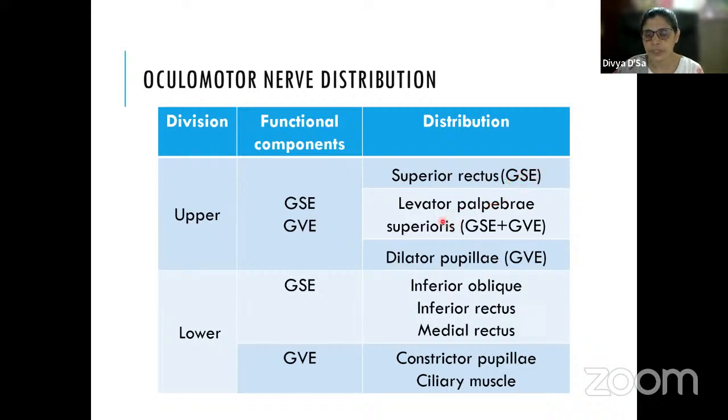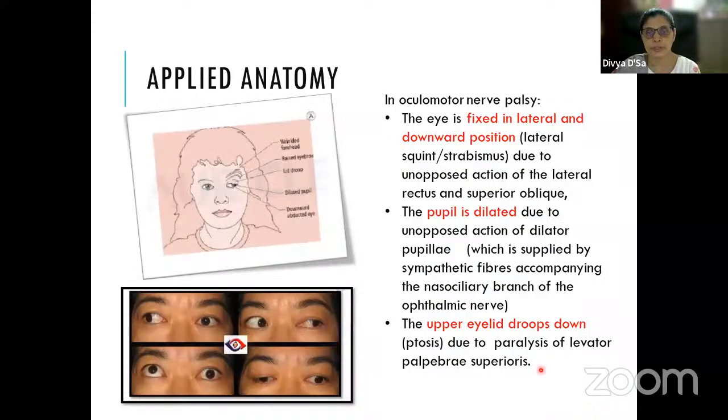Levator palpebrae superioris is supplied by both general somatic efferent and general visceral efferent. Dilator pupillae is supplied by general visceral efferent. In the lower division, the general somatic efferent fibers supply inferior oblique, inferior rectus, and medial rectus. General visceral efferent supplies the constrictor pupillae and the ciliary muscles. So those are the functional components.